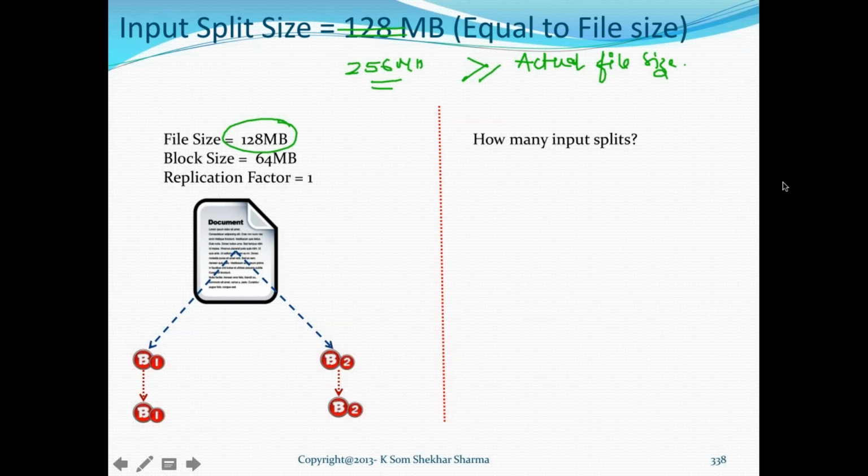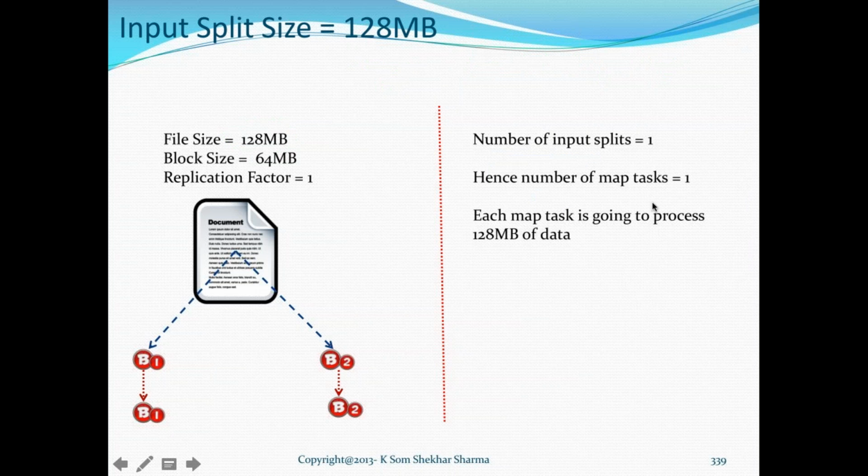In this case, how many input splits? 1? Yes. And hence the number of map tasks equals 1, and the map task is going to process 120 MB of data, whatever input splits I have defined.